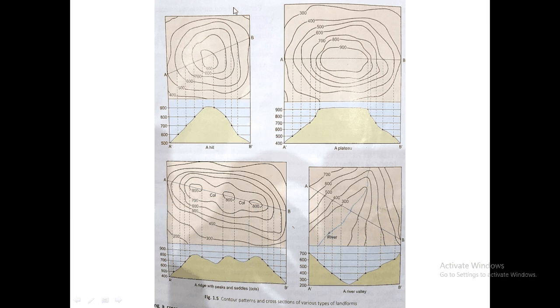In this you just see that the number is increasing from 400 to 500 and from 500 to 600, then 600 to 700 as it is going to the center. So the contour number is increasing as it goes inside.